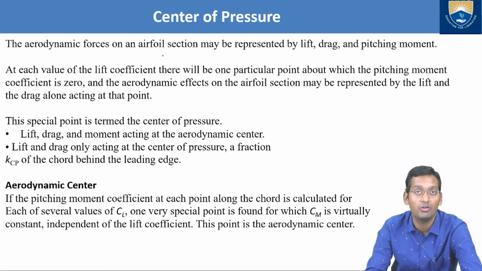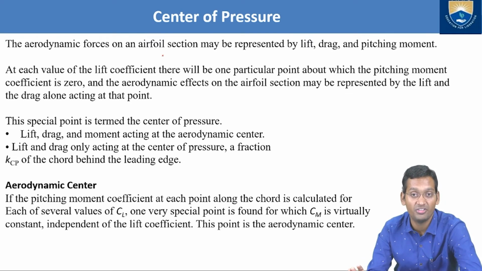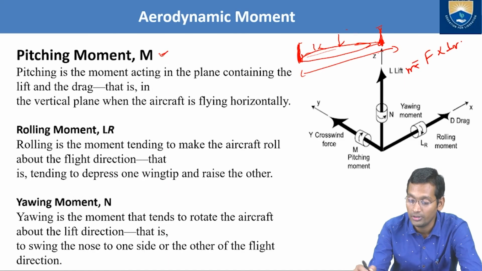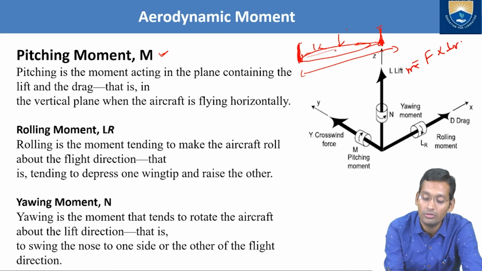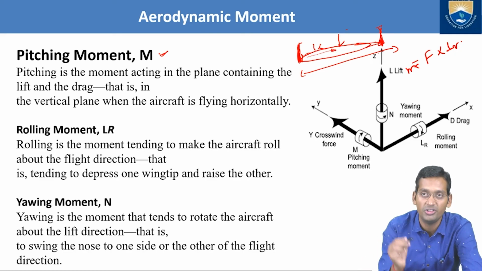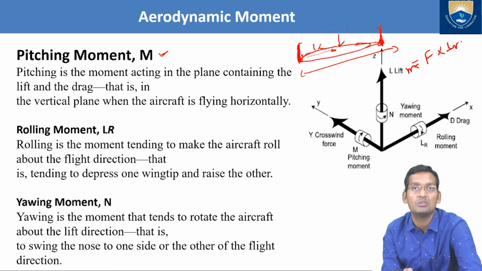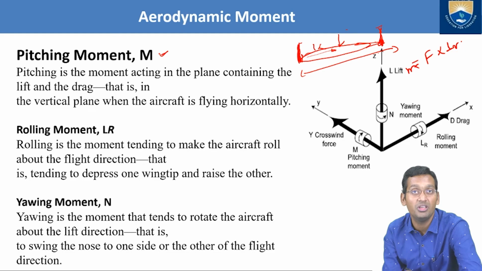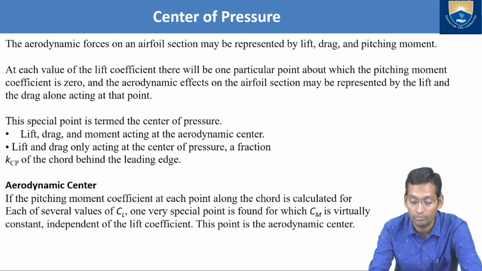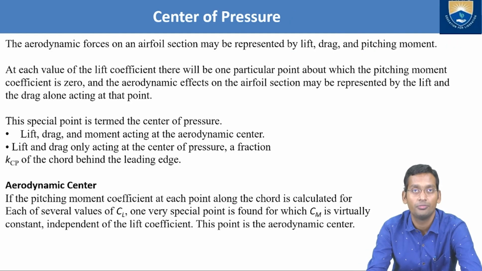Or in another word, where the coefficient of the pitching moment becomes 0, that point is the center of pressure. So why is the center of pressure there? Because as we had seen, at a distance the moment will change. So definitely at some point on this wing, one point will be there which is not experiencing any moment, right? The point which is not experiencing the pitching moment, that is called the center of pressure.